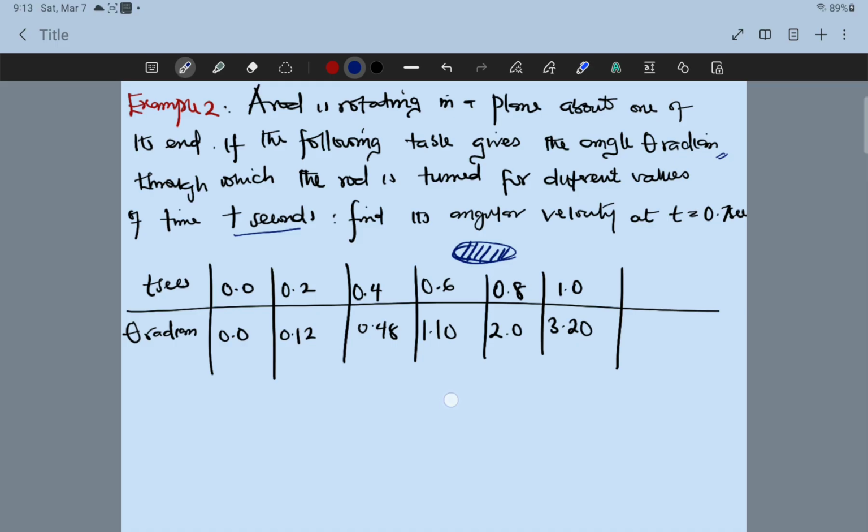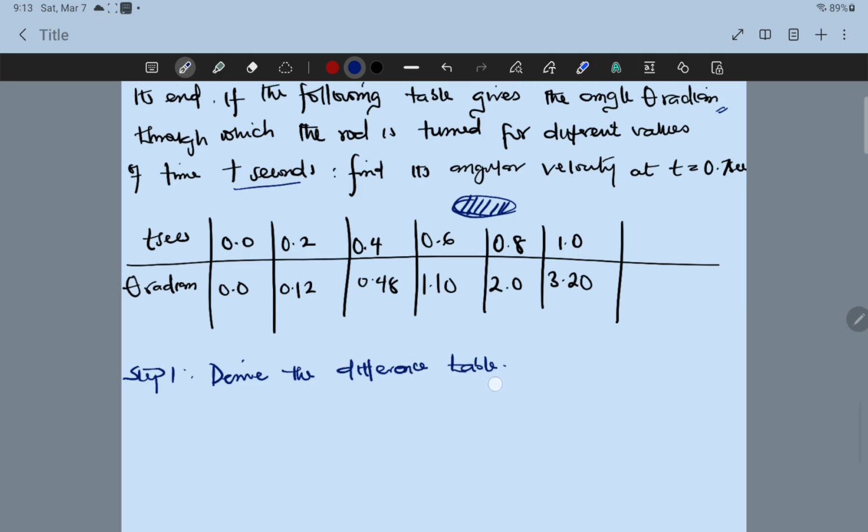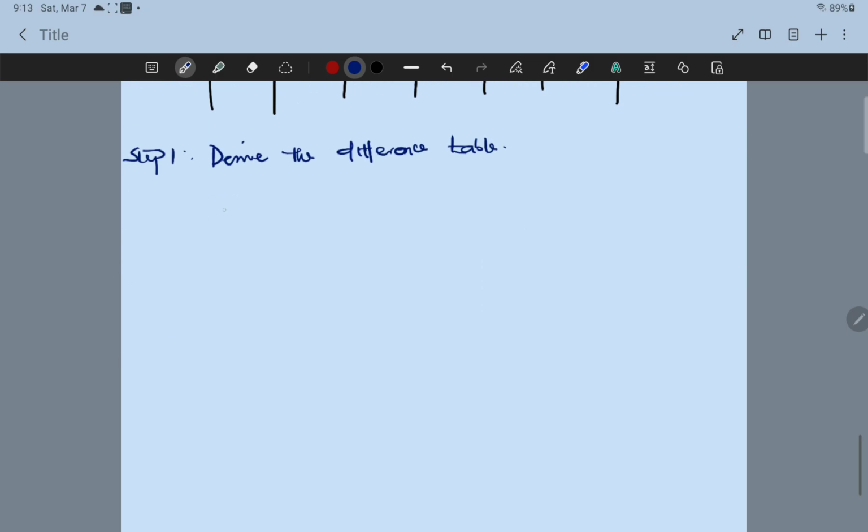So what do we do? Our step 1 is to derive the difference table. That's what we do first. So how do we derive that quickly?